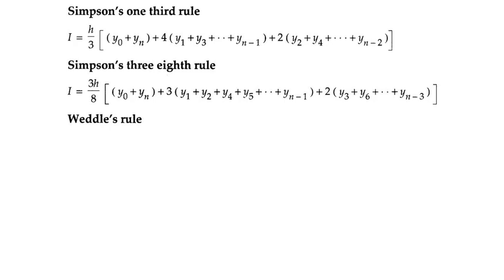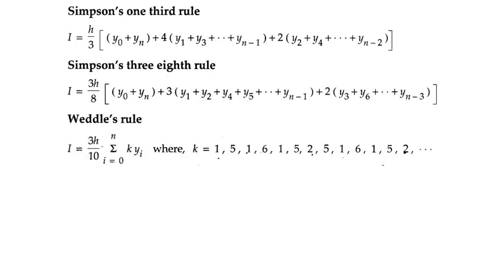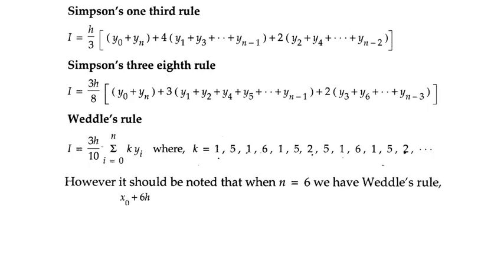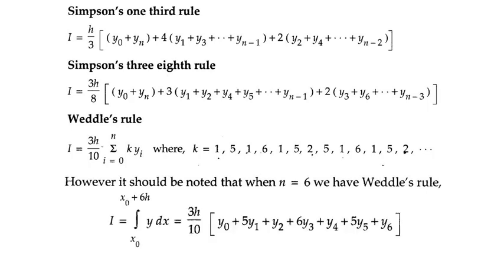Next is Weddle's rule. This is the formula in general. Now let us see the formula when n is 6. In particular we have this formula when n is 6. We need to remember it.